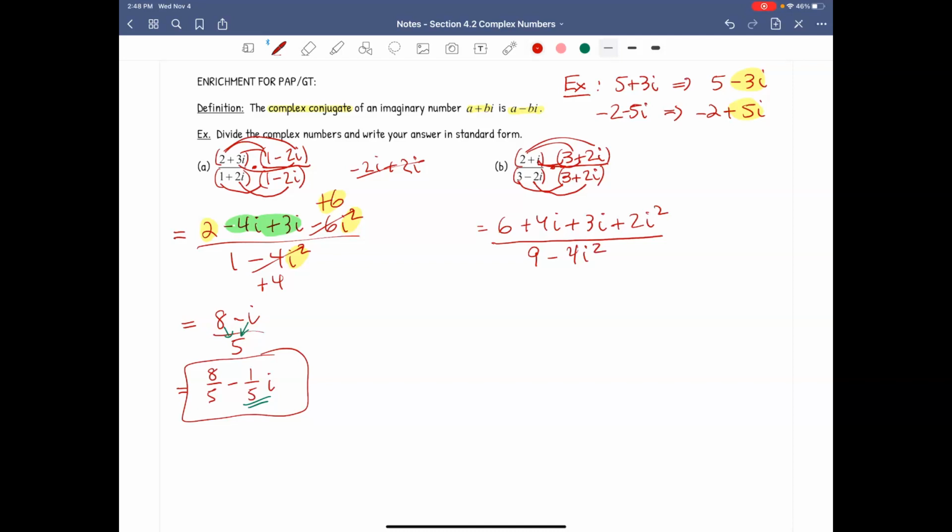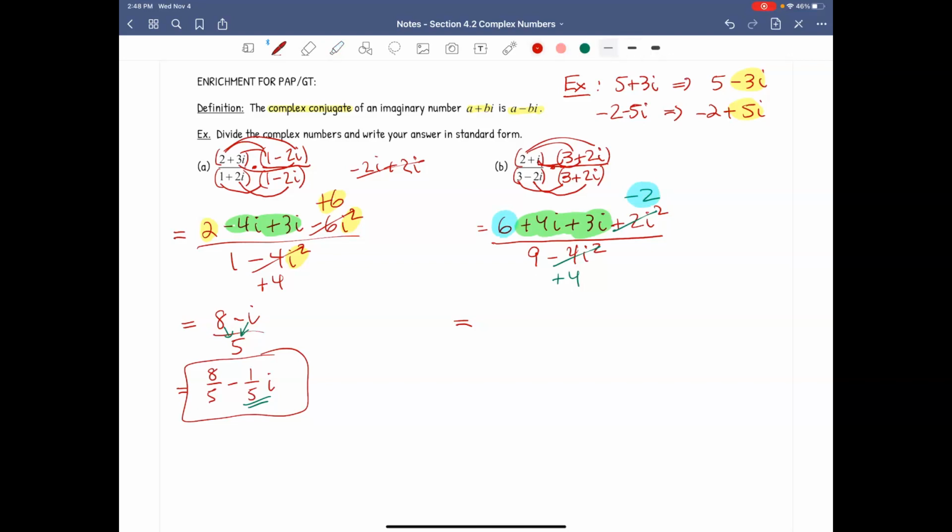Now, I know that i squared is equal to negative 1, and so I'm going to be able to change this term to a negative 2, and this term to a positive 4. When we collect the like terms in the numerator, I have 2 like terms that are both imaginary, and I also have 2 real parts that I can combine.